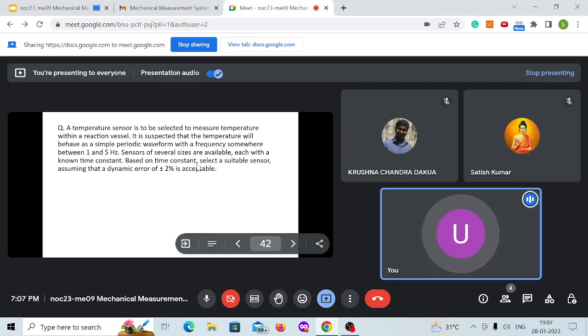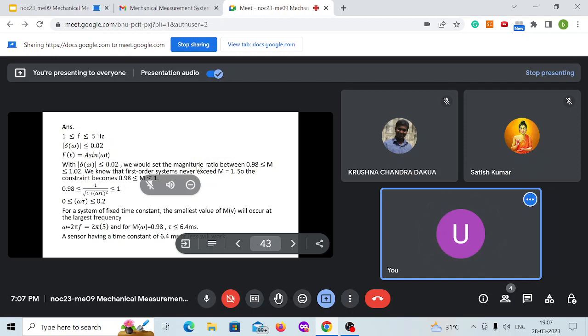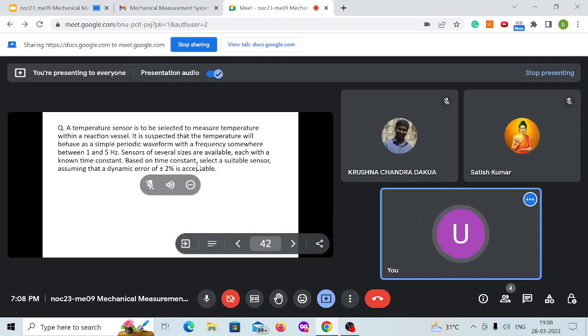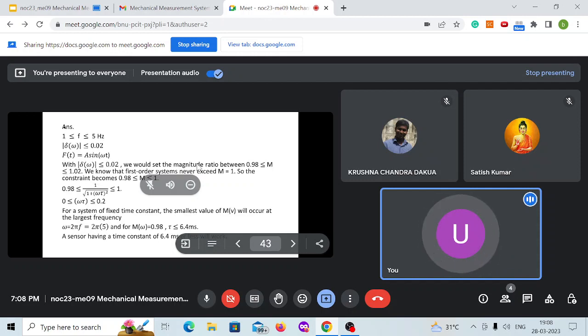So we'll see how we'll go about this problem. We know that the frequency lies between 1 and 5 hertz, and the dynamic error should be less than or equal to 2%. So 2% is 2 by 100, 0.02, the ratio of the input.